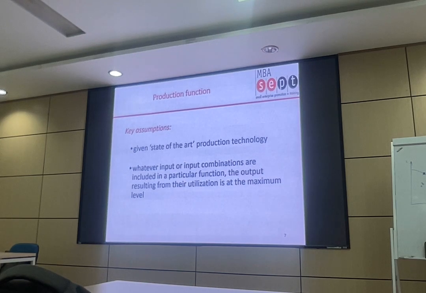And for this assumption, given state-of-the-art production technology, it means they use the most effective way to achieve output at any output point on the PPF curve. That's how we understand the first assumption. It means they try to use the best technologies to achieve the effectiveness point on the production possibility frontier.